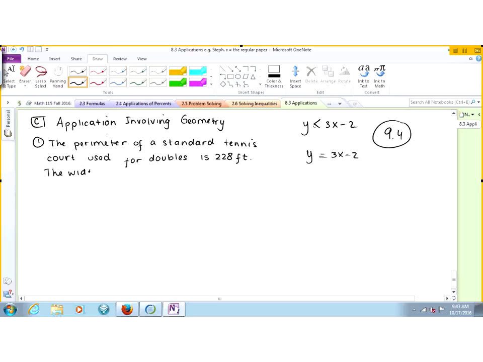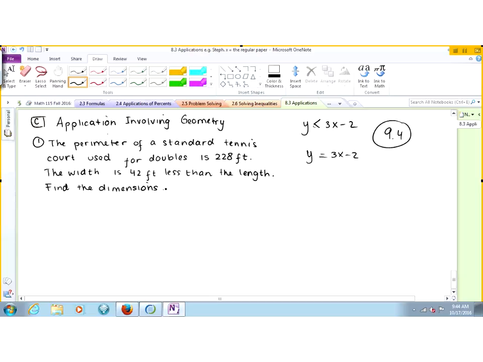The width is 42 feet less than the length. Find the dimensions. The dimensions mean length and width.